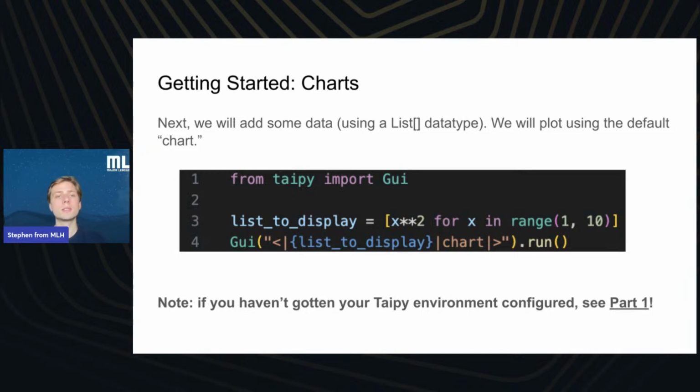You can plot lists in Taipy, actually. You don't need any fancy data structure. A list will do just fine. So let's build this list. I built a list that's going to be x squared for x in range 1 through 10. So that means it would start with 1 and then go to 4 and 9 and 16 and 25 and so on, kind of in this quadratic increasing way.